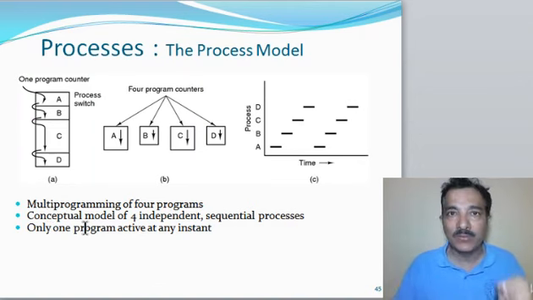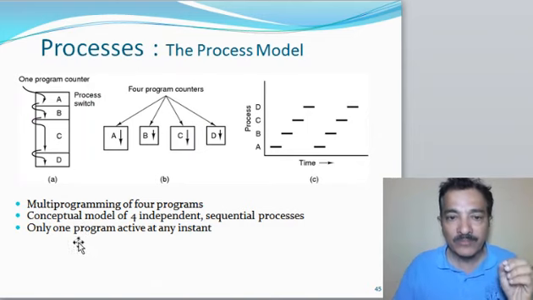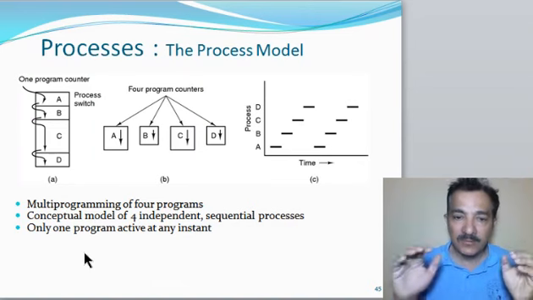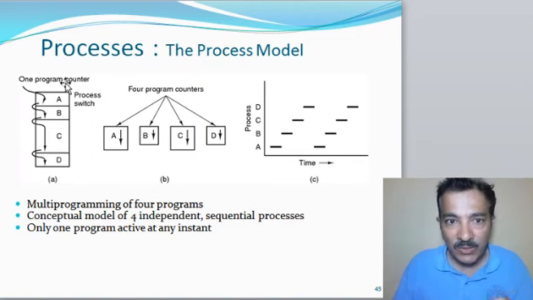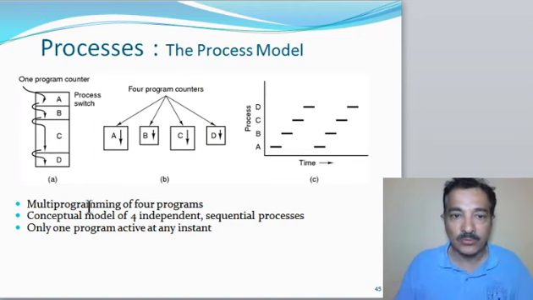So every CPU will have only one program counter, and you can execute only one program at a time. So only one program is active at any instance on a single core processor.